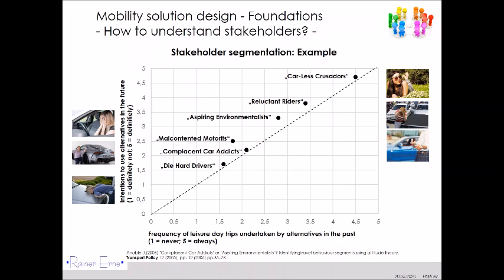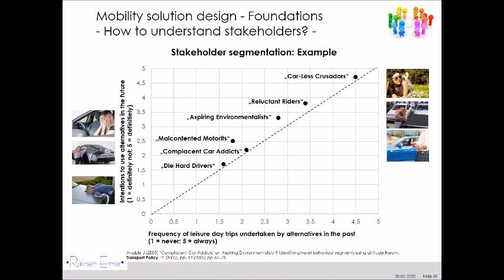So reluctant riders, so they use their car, but they are not very happy to use their car, or aspiring environmentalists, which also usually use their car, but which are not very happy because of environmental concerns, or malcontented motorists, so they don't care much about the environment, but they are not very content due to the congestion rate or to the long time finding a parking space, things like that.